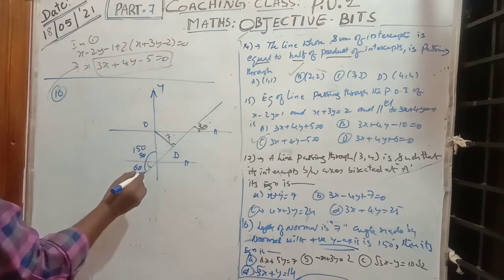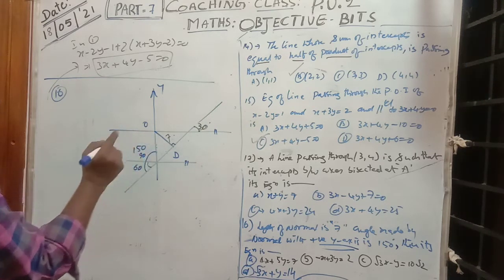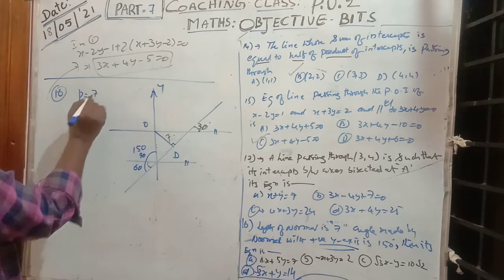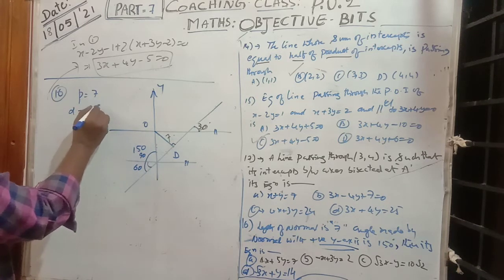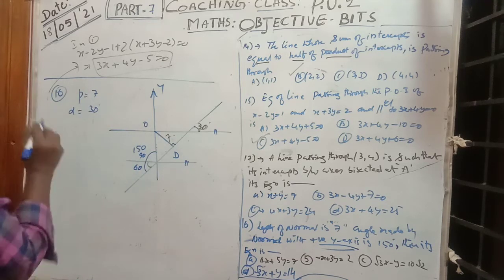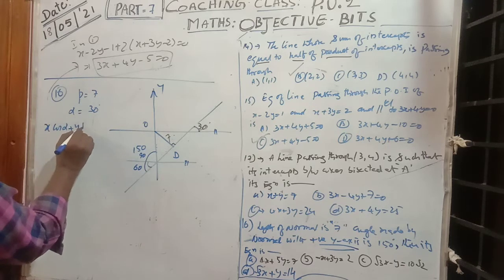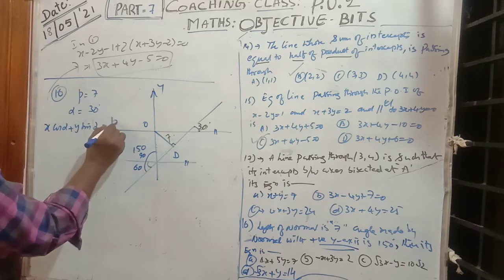This is a line where the length of the normal is 7. That means p is equal to 7 and alpha is equal to 30 degrees only, not 150. It is 30 degrees. Now x cos alpha plus y sin alpha is equal to p.